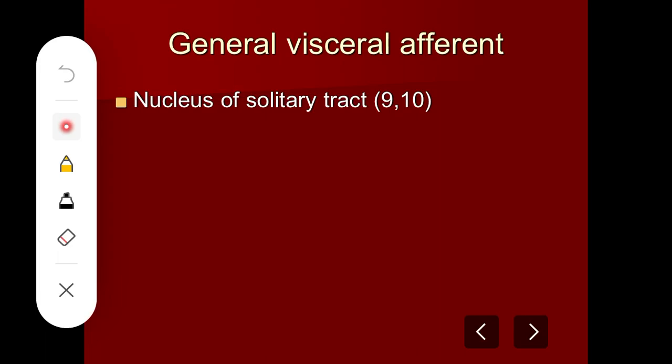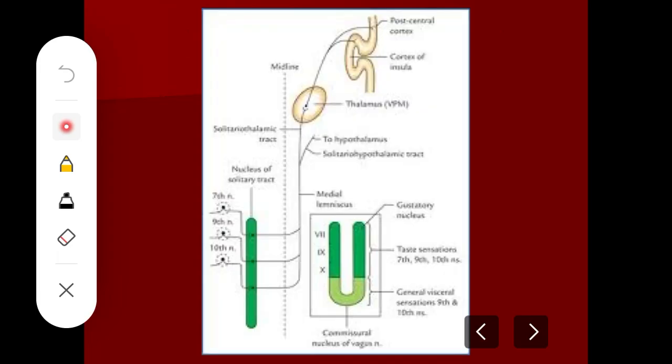The general sensation from the viscera is being carried by the 9th and 10th cranial nerves into this nucleus of solitary tract, which is actually representing the GVA column. Okay, so GVA means the afferent sensation or general sensation from the viscera is projecting into the nucleus of solitary tract via the 9th and 10th cranial nerves.